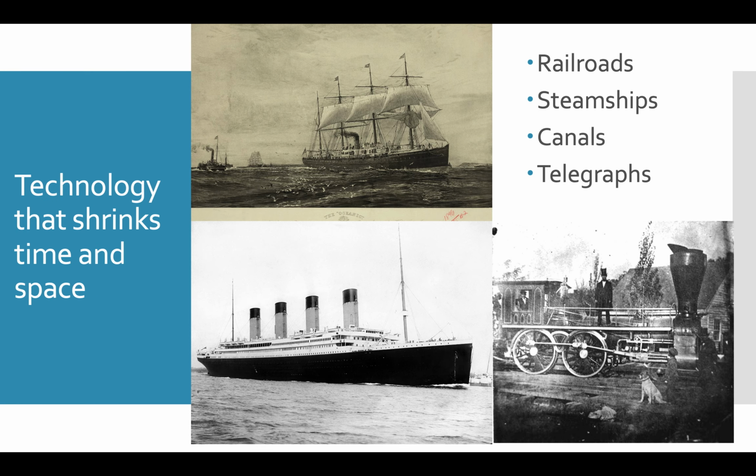Our first is technology that shrinks time and space. I know that sounds kind of wacky or sci-fi, talking about compression of time and space, but that's a useful way of thinking about it.